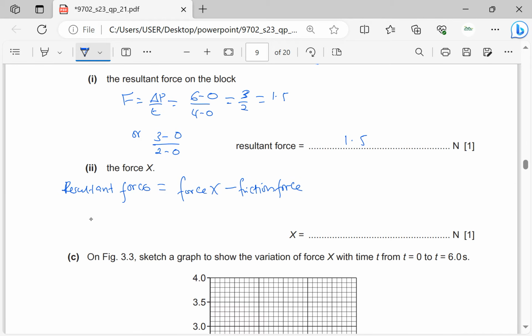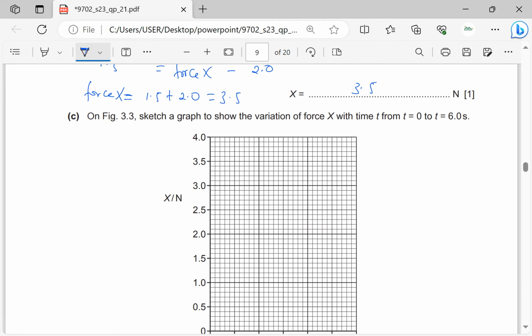So the resultant force, 1.5, is equal to force X minus the frictional force, which was given as 2.0. So it means force X is going to be 1.5 plus 2.0, which is 3.5. So force X is going to be 3.5 newtons.